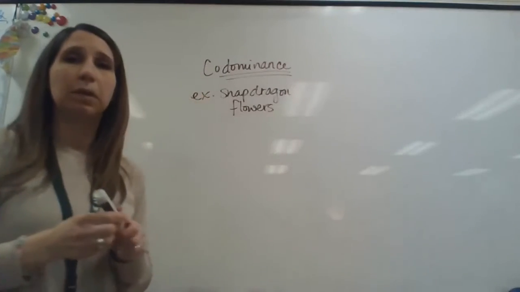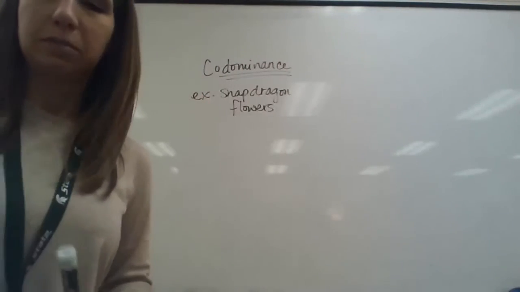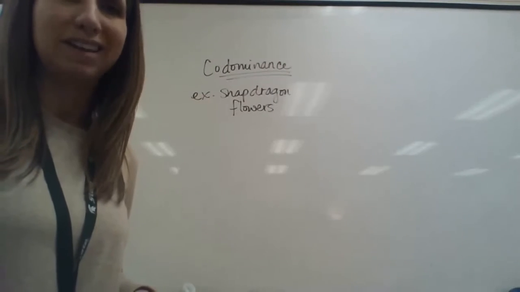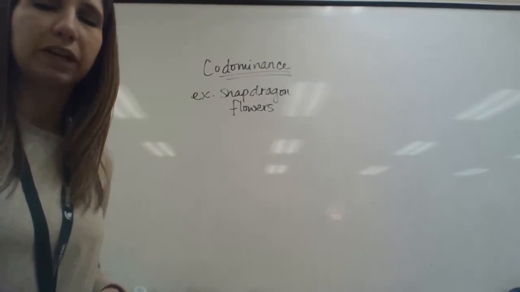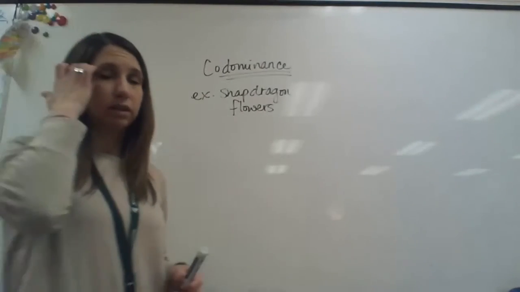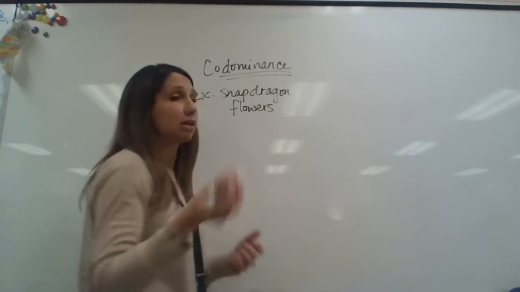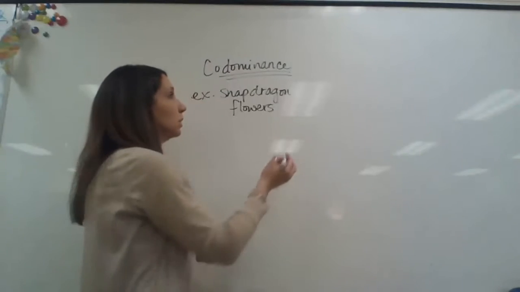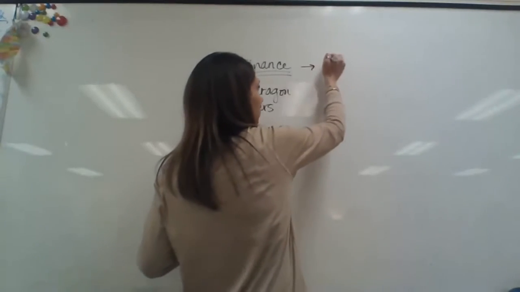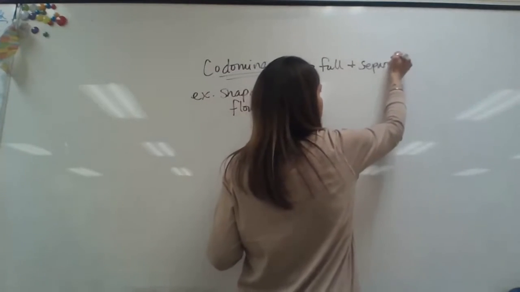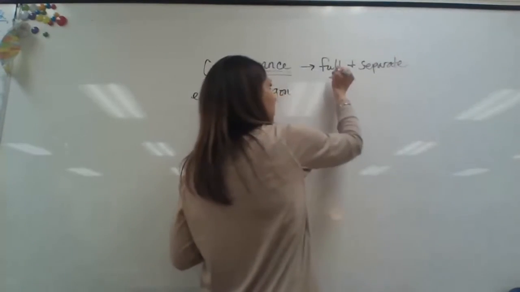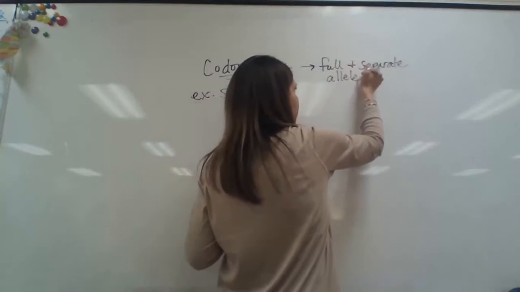All right, and so if you remember the difference between these two, something that's codominant is not going to blend so much as it is going to just fully and separately express the actual traits. So when I have a heterozygous individual here, we don't blend, we have full and separate allele expression.